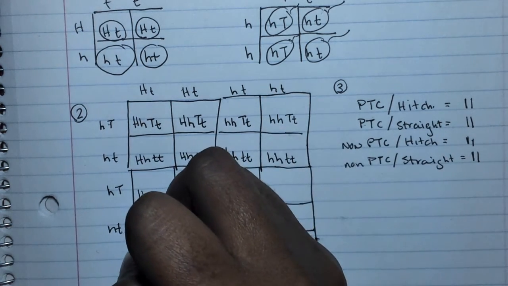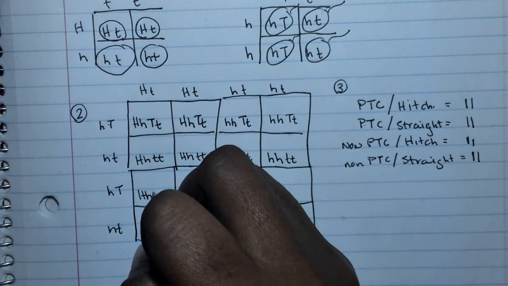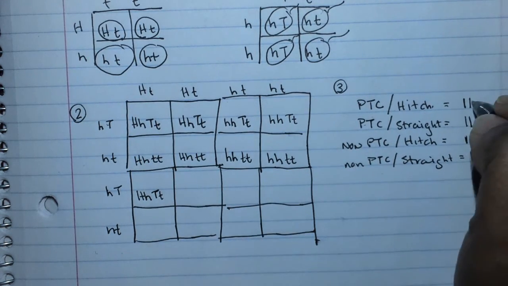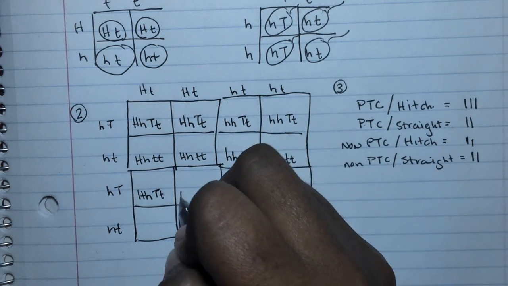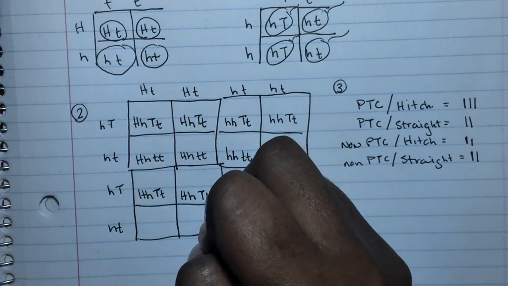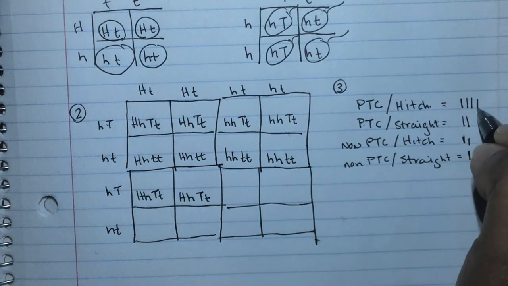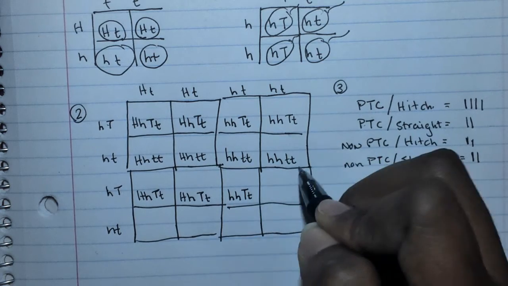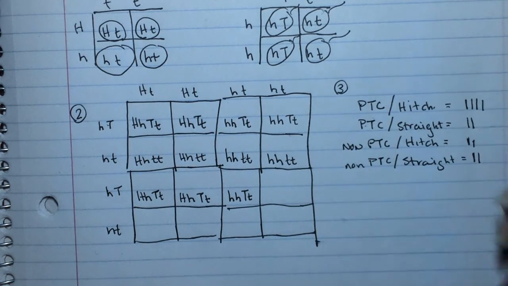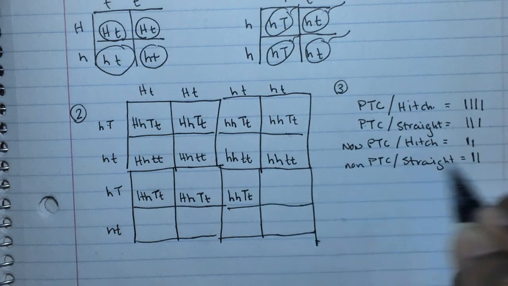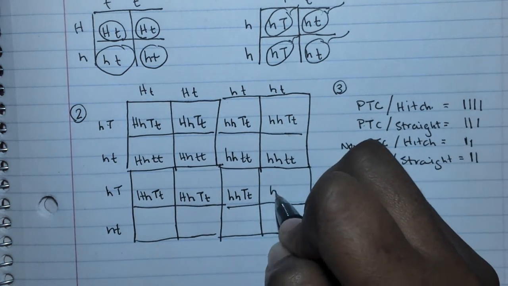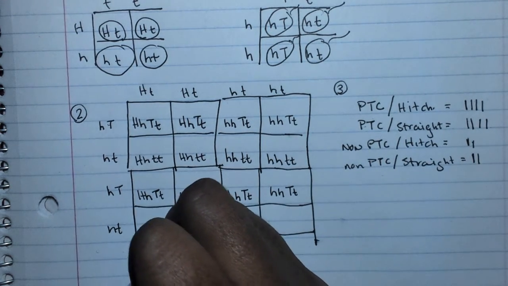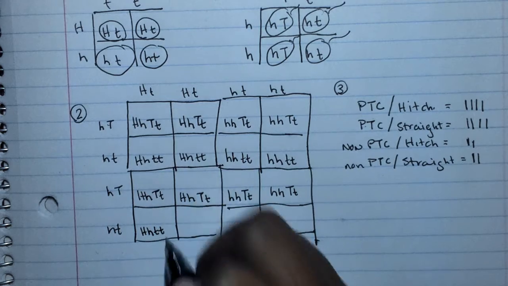Going here, big H, big T, little t. Well, I know this person, hitchhiker's thumb, PTC taster, so that goes there. Big H, big T, little t. That is the same. Come here, little h, big T, little t. That's this one. Little h, big T, little t. That's this one. Big H, little t, little t.